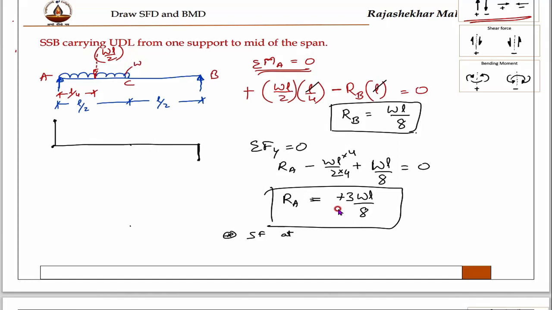Shear force at C section, then look at right side. When you see right side, WL by 8 is the only vertical force, therefore WL by 8. This is also WL by 8, straight line. Then after that you will see one inclined line like this.